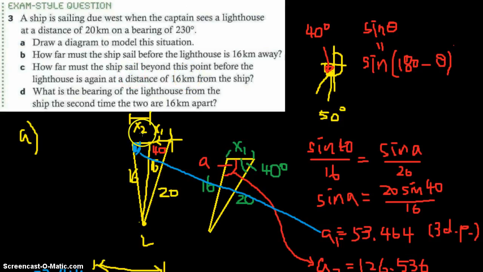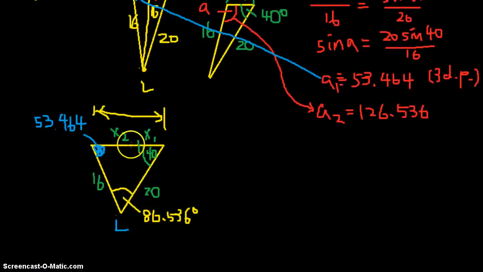So they're only interested in x2. But if I apply sine rule over here, I'll get this entire x2 plus x1. We need to give them x2 simply by subtracting x1 from this whole distance. Let's call that y. Y subtract x1, I'll get x2, right?